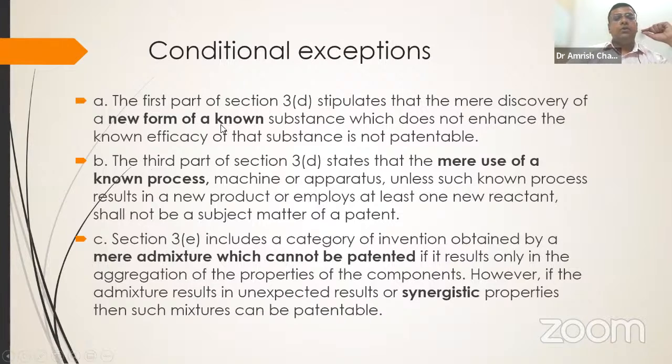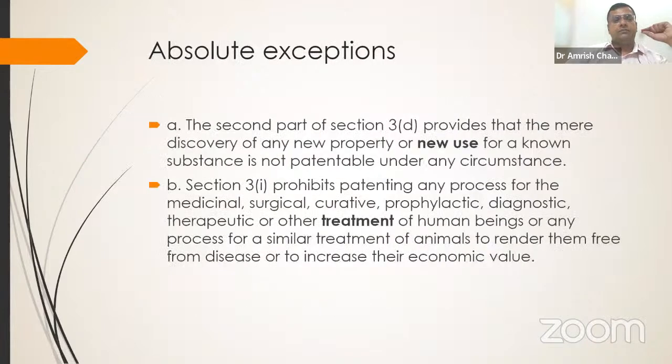Okay, so new use or a new form cannot be patented. Okay, but then there are ways by which you can circumvent these particular sections, and you can show that your formulation does not fall under these categories. So these are called conditional exceptions. So they can be overcome by proper drafting and other things.